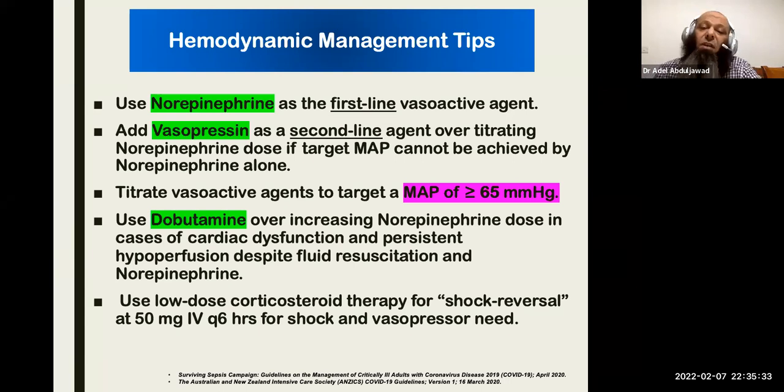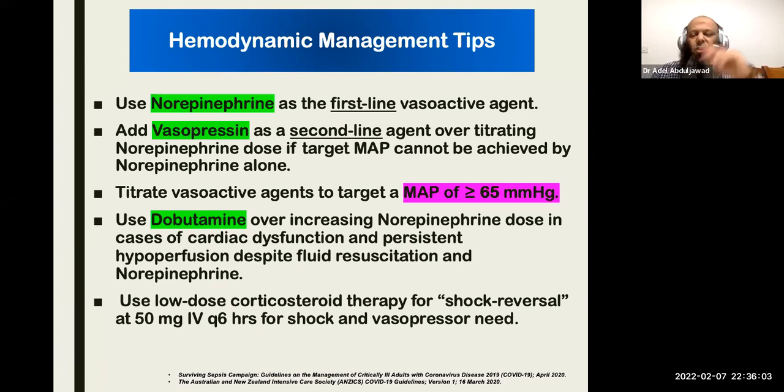This applies for septic shock, according to the Surviving Sepsis Campaign guidelines, even from the previous version and the current version in 2021. So norepinephrine is the first line vasoactive. You add vasopressin as a second agent when you reach a higher dose of norepinephrine.